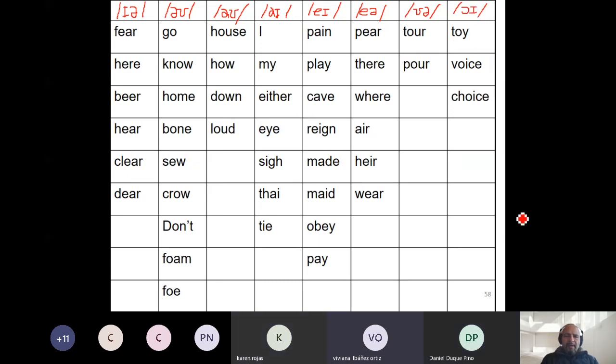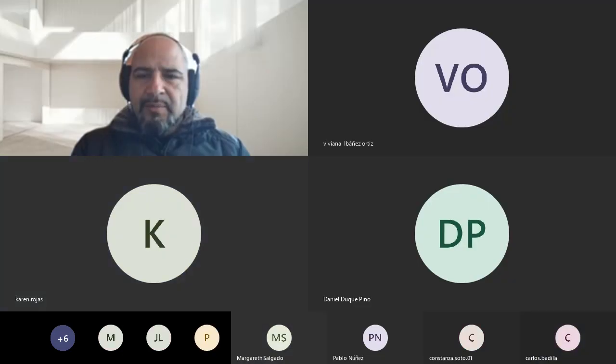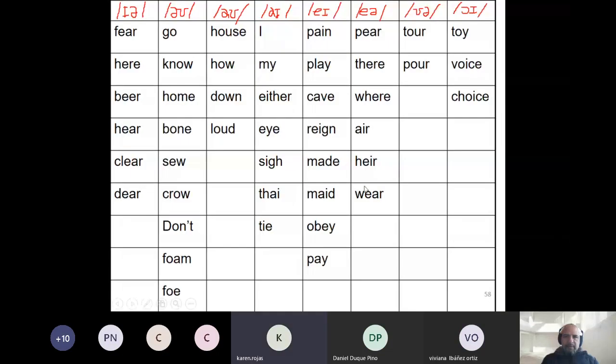Okay. I want you to do the following exercise. Are you with me? Are you listening? Yes. Okay. Remember, I showed you a power representation including several words. I think you're looking at it now. Right? Fear, here, beer, etcetera.